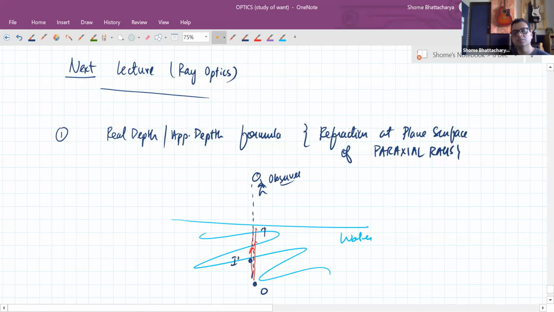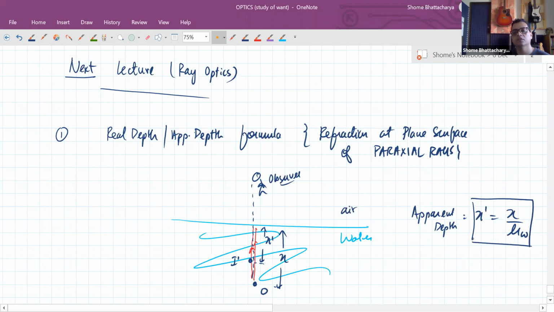So that image appears to be at a lesser depth than the actual depth of the object. So the apparent depth x prime is equal to the real depth divided by the refractive index of water, if it is air outside. Okay, so this formula and its applications we will discuss next time. So the real depth of the object is x, the apparent depth is x prime. This and its applications will be an important thing.